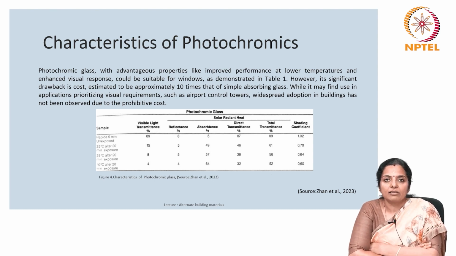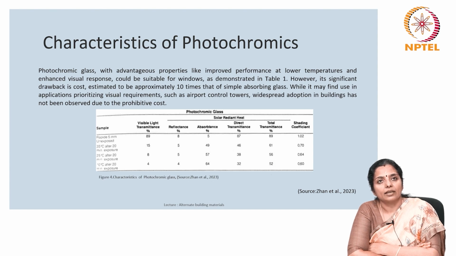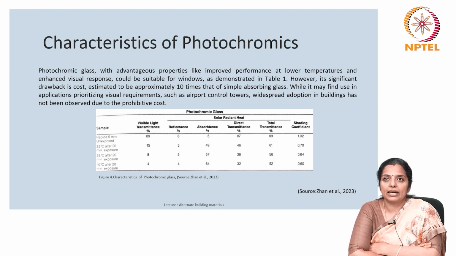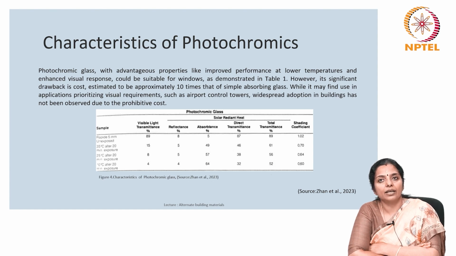What are the characteristics of photochromics? The photochromic glass offers benefits like improved performance in lower temperature and enhanced visual response, making it potentially ideal for windows, especially in settings like airport control towers. However, a notable drawback is its high cost, estimated to be around 10 times more than simple absorbing glass.